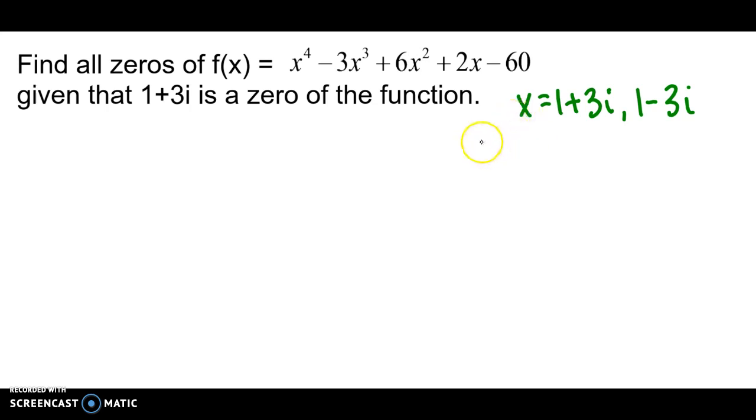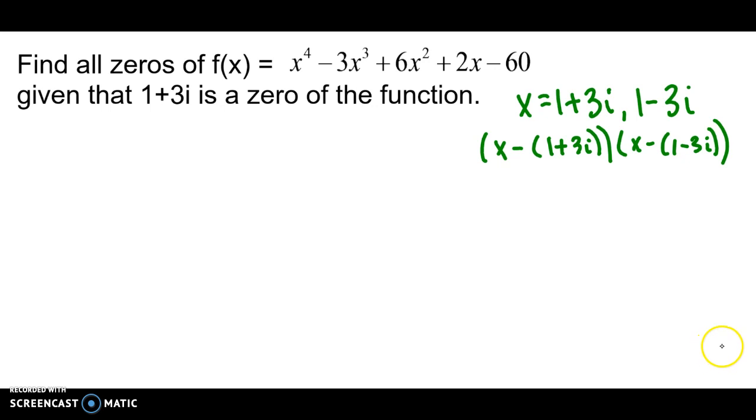If I write those zeros as factors, that's x minus this number and x minus the other number. Now I'm trying to simplify this so I can use their product to do long division with this polynomial.